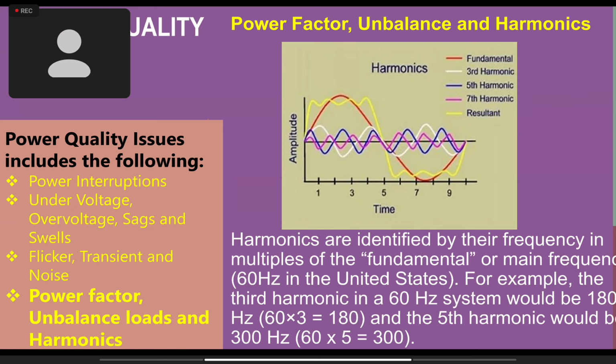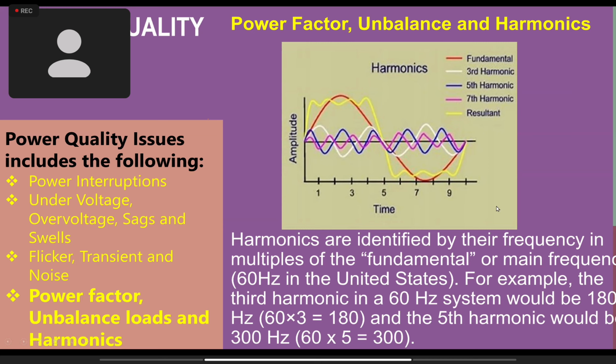Now, if you have a fifth harmonic, that is a multiple of 5 of the 60 Hz. So as a result, if you have multiple levels of harmonics in our system, our wave is no longer a sine wave, but a distorted form in yellow. This is the resulting wave in our system.